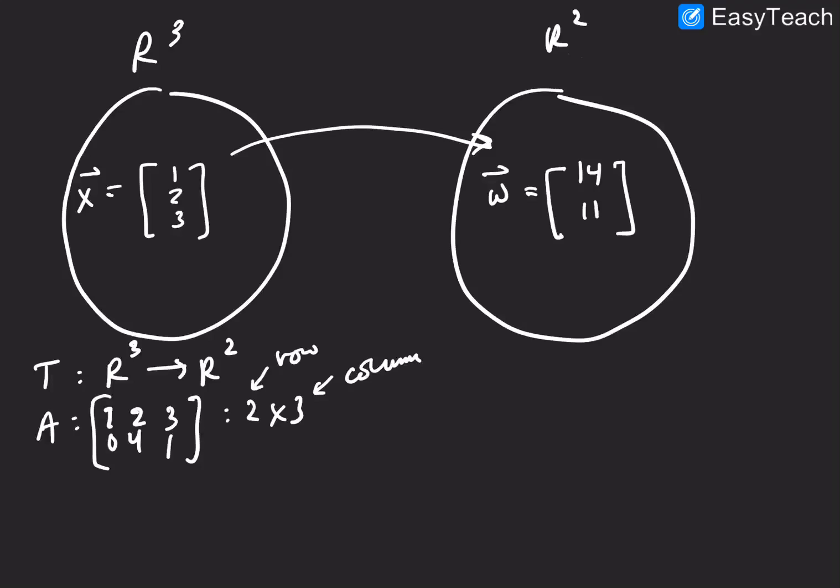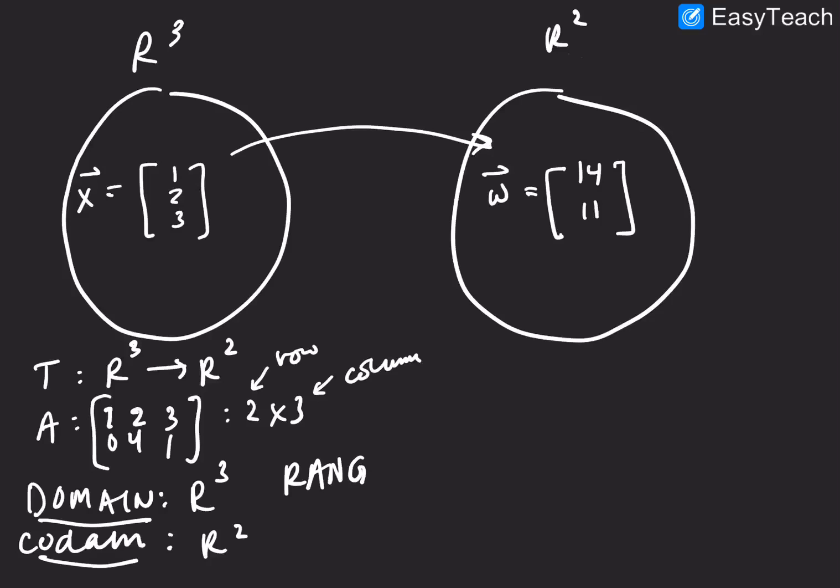Okay, so I basically gave the answers already. If we were to find the domain, what dimension is that? Well, it's in the third dimension. It's in R3. The codomain is in R2.